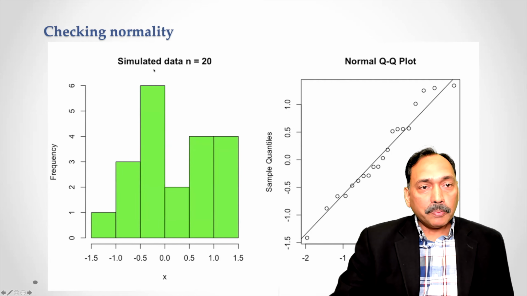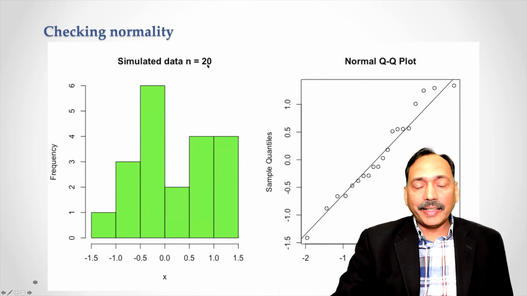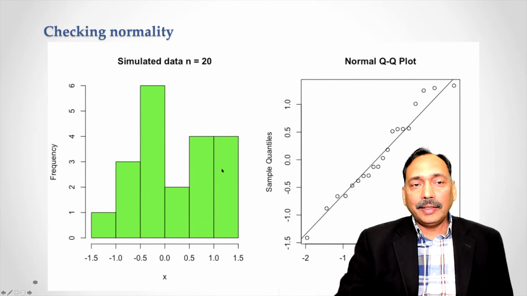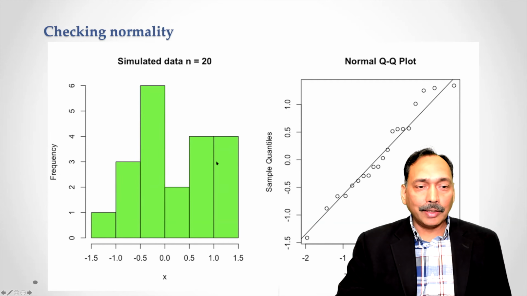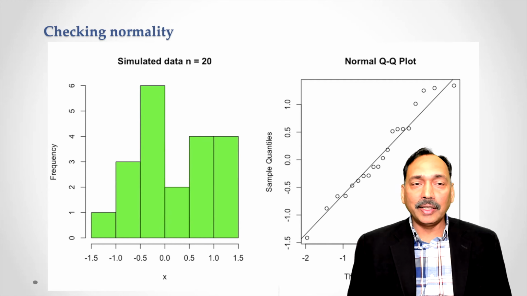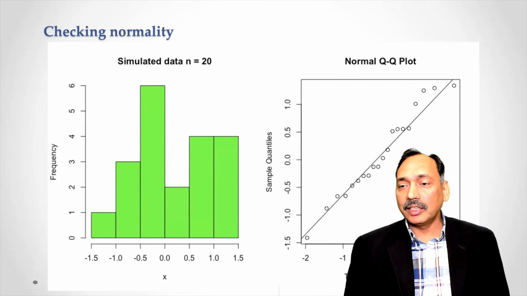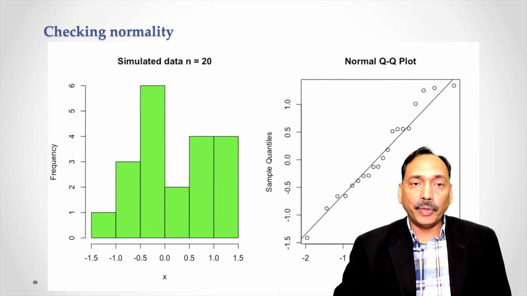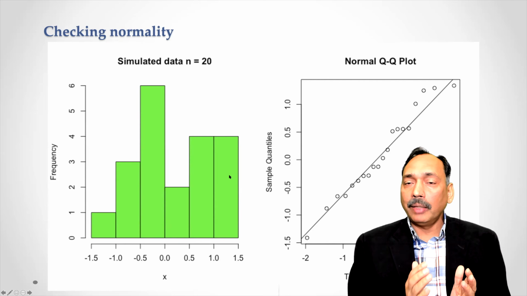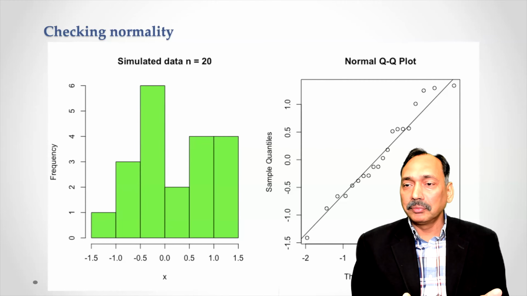Now I purposefully have generated only 20 data points, and there is no way you can make a histogram and conclude based on the histogram whether the data is coming from normal distribution or not, because sample size is too small. 20 is too small for any clear pattern to emerge on a histogram.